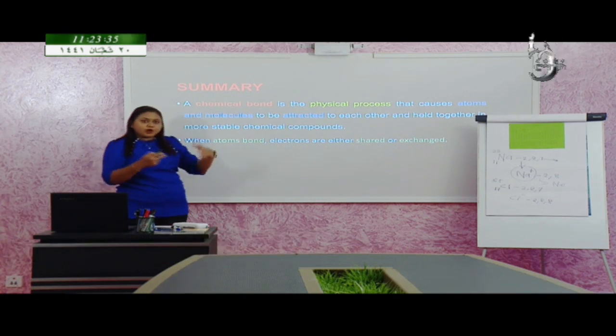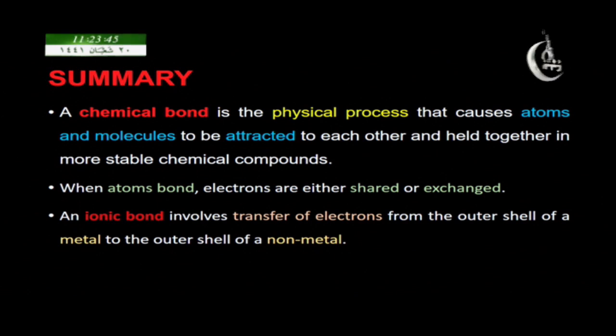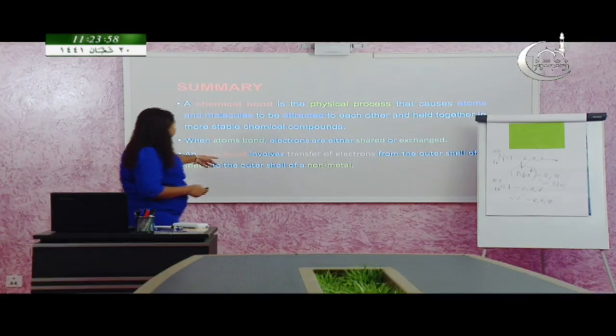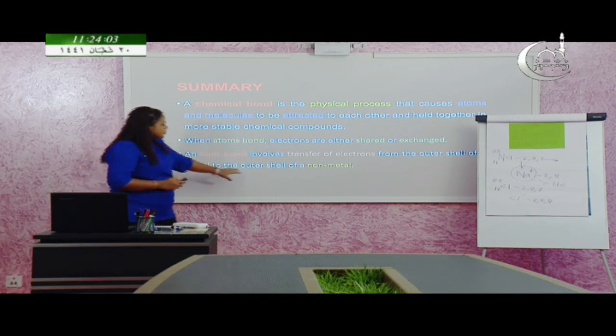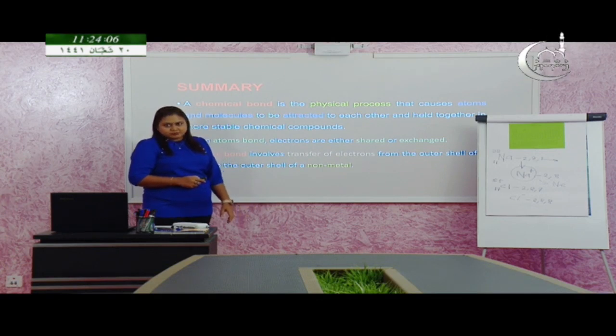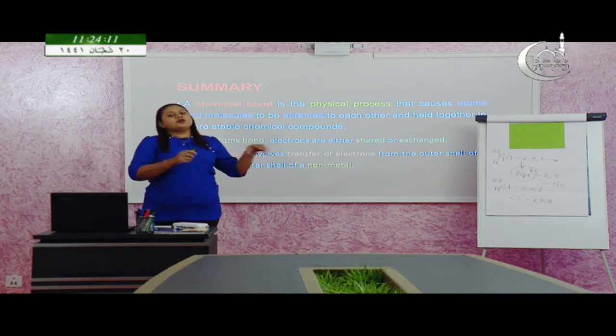So, when atoms bond together, the atoms can share the electrons, they can exchange the electrons or transfer the electrons. In ionic bonding, what happens? In ionic bonding, the electrons are being transferred from the metal to the non-metal, and then positive ions and negative ions are formed. So, an ionic bond involves transfer of electrons from the outer shell of a metal to the outer shell of a non-metal. So, in ionic bond we always have to remember that it takes place between metals and non-metals.